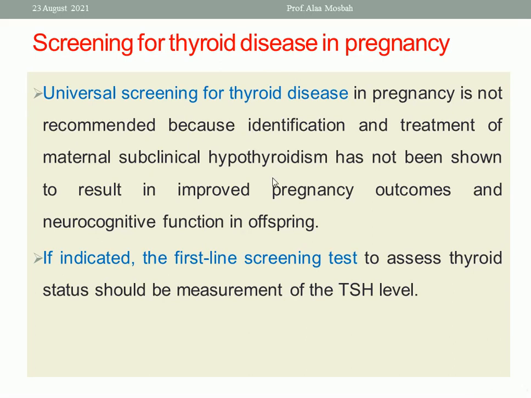If this will not affect the pregnancy outcome, why are you doing it? This is the answer to the question. But if screening is indicated, the first-line screening test should be the TSH level. Okay.